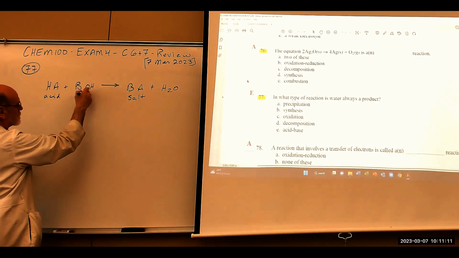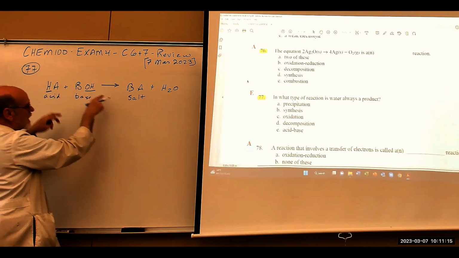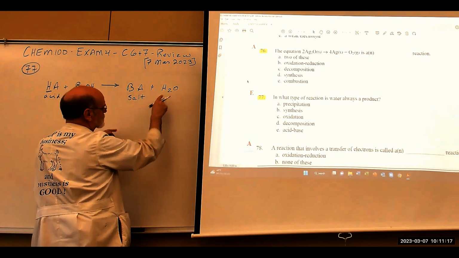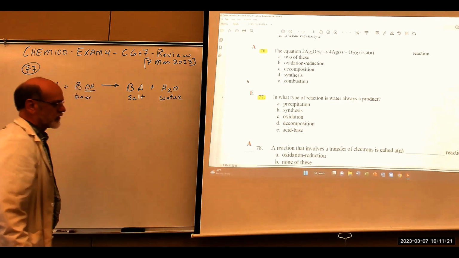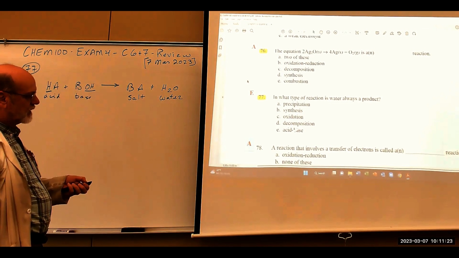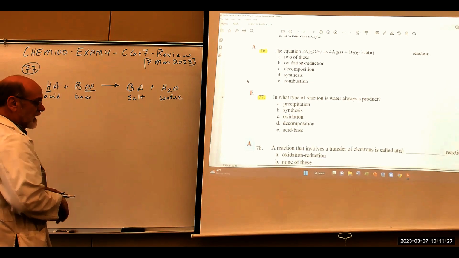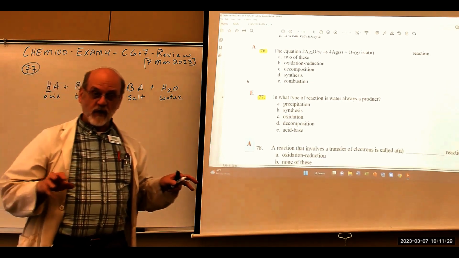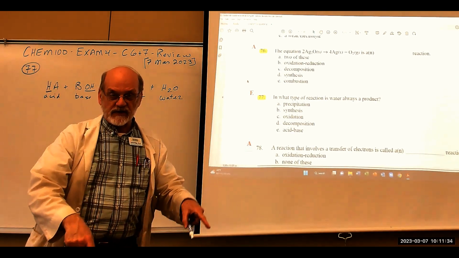Hydroxyl plus hydrogen, HOH. This type of reaction always produces water: an acid-base reaction. Other reactions can produce water, that's true, but an acid-base reaction always makes water.